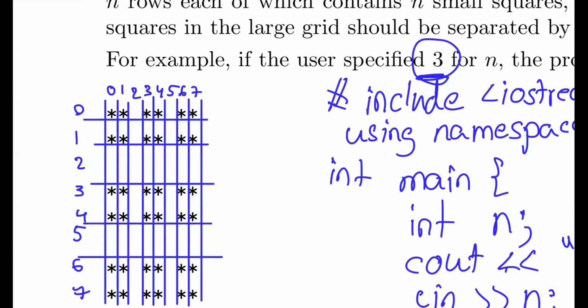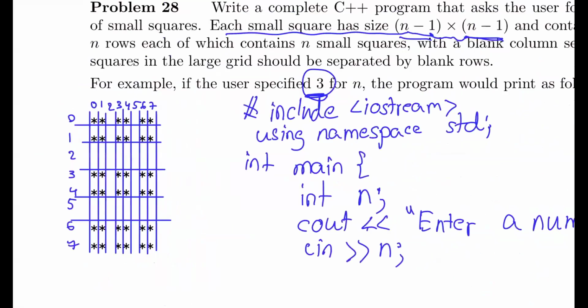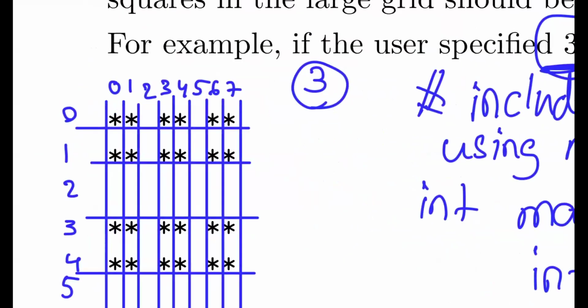So as you can see, after you name each row and each column, how can you relate these numbers? Each time, here is star, star, space, star, star, space, star, star, space.